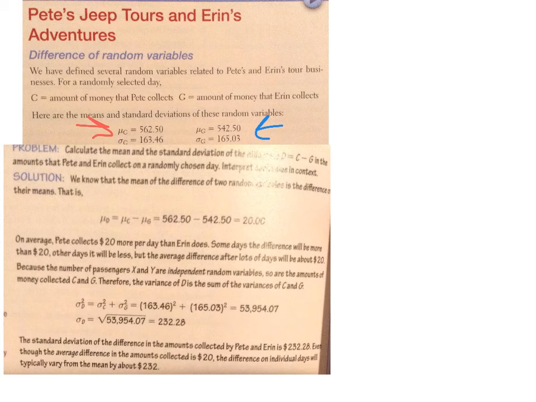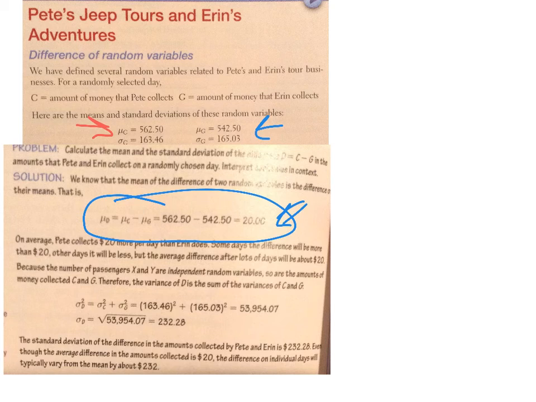If I'm looking for the mean, I can calculate it by just subtracting the two. So my mean difference is $20 a day. Because it's a positive value, it's telling me that on average Pete collects $20 more than Erin does. Some days more, some days less, but the average difference is $20.